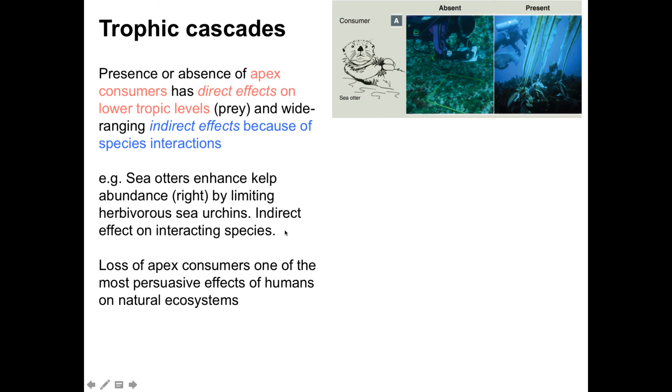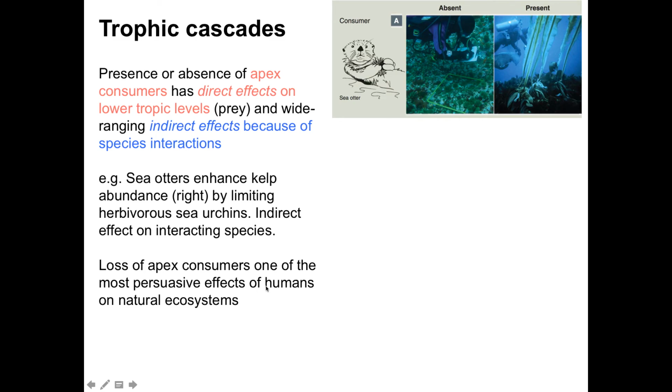So therefore they have an indirect effect on interacting species. So the sea otter eats the urchins, and the sea urchins are herbivorous and they eat the kelp. So the presence of the sea otter can enhance the kelp in the ecosystem by eating the sea urchin. So there's an indirect effect of the otter and the kelp. And that's why it's a trophic cascade.